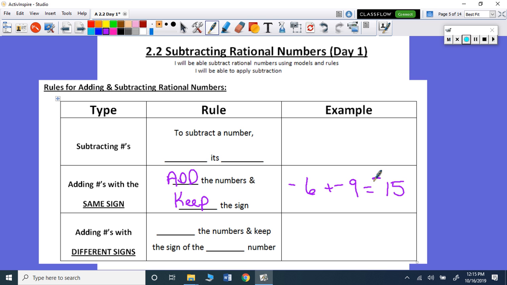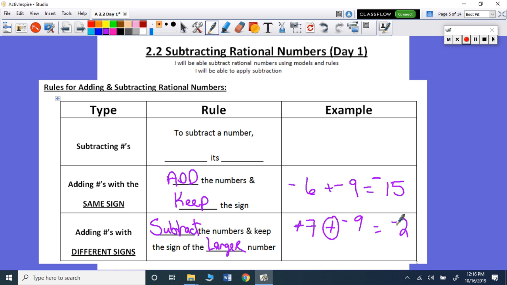We had numbers with different signs, and when that happened yesterday, we had to subtract the numbers and keep the sign of the larger number. So that would be like a -7 plus, well, let's do +7 plus a -9.